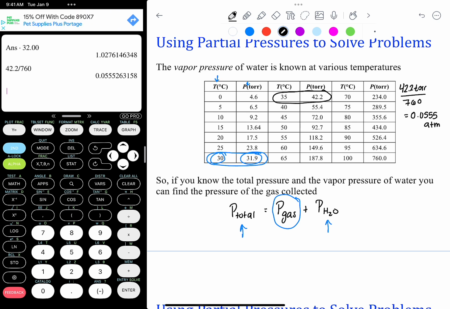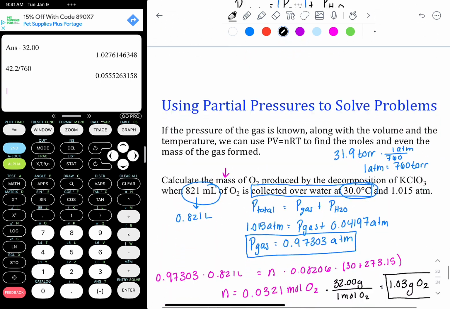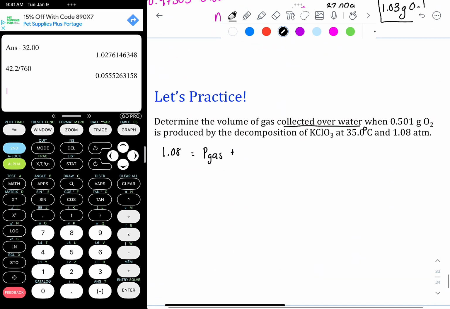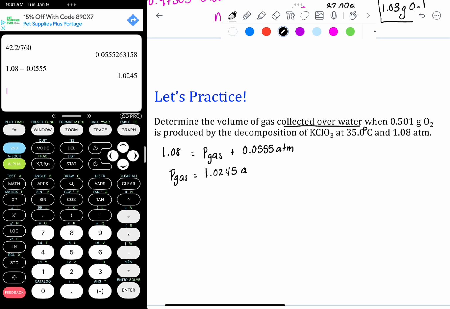So we'll use that as our pressure for water. To find the pressure of the gas, we do 1.08 minus that pressure of water. So we get P of the gas is equal to 1.0245 atm.